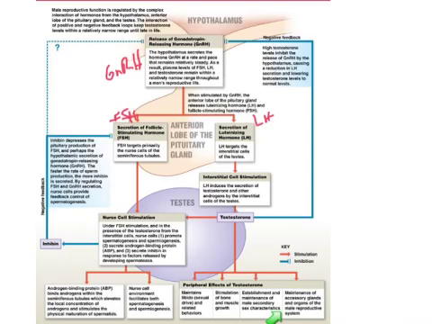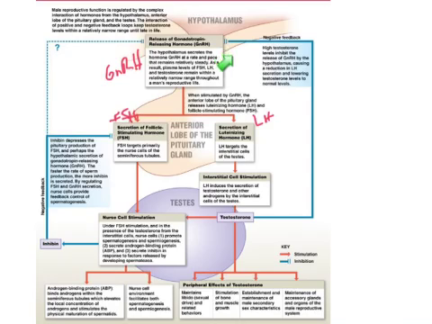Testosterone also has a promotional effect on nurse cells, a stimulatory effect on nurse cells. So testosterone supports the nurse cell functions. Testosterone has a negative feedback loop in it as well. If the testosterone levels get too high, testosterone actually gets into circulation.